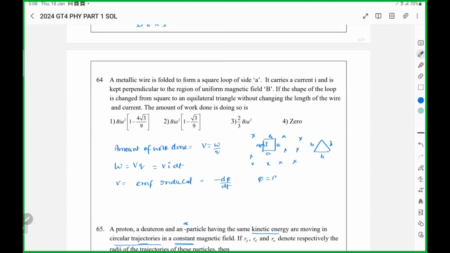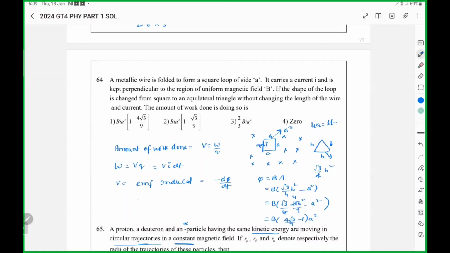The flux: initially it is a square whose area is a square. The triangle's area is root 3 by 4 b square. Change in area, and the perimeter has no change. Root 3 by 4 into 16 a square by 9 minus a square. That is B into (4 root 3 by 9 minus 1).